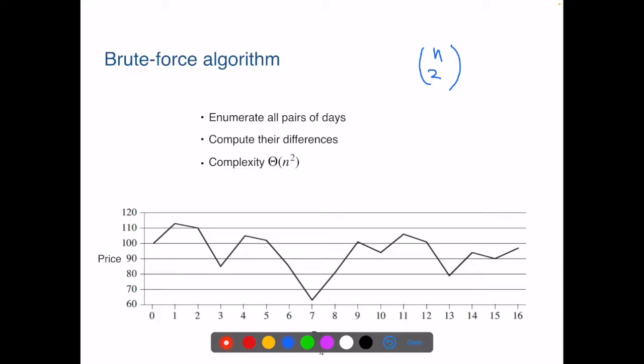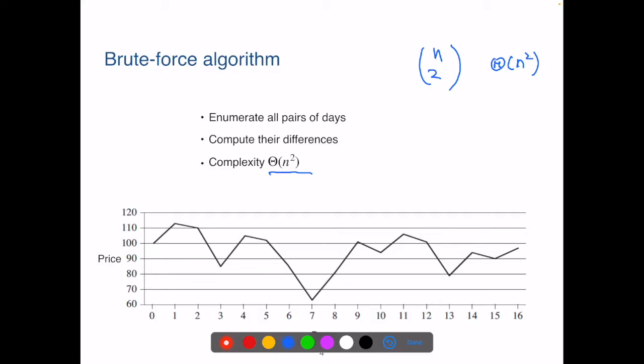We all know that n choose 2 is in theta of n squared. Computing the price difference between 2 days only takes constant time, so the overall complexity of this brute force algorithm is in theta of n squared. This is a polynomial time algorithm, so not bad at all, but can we do better?